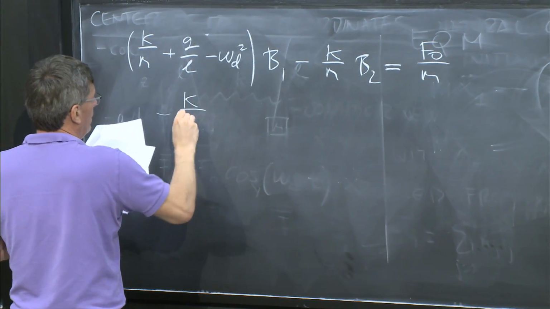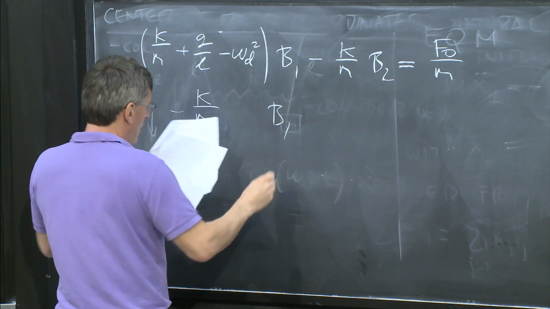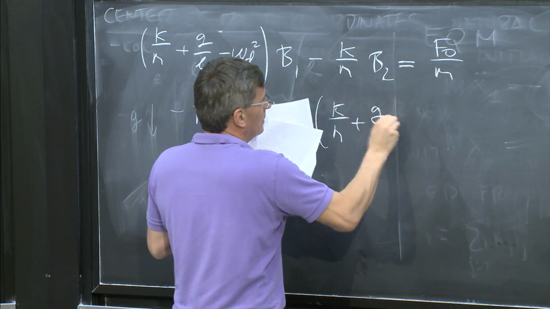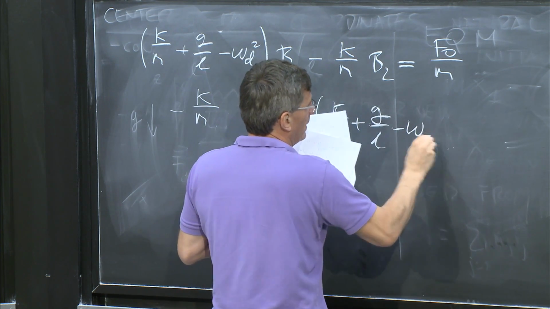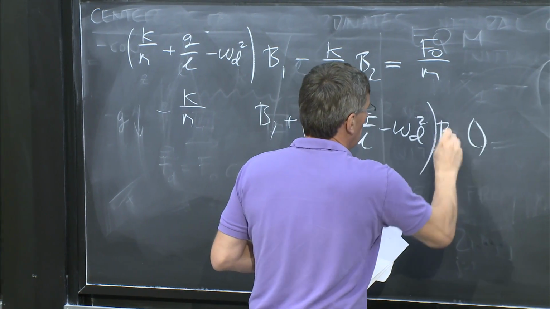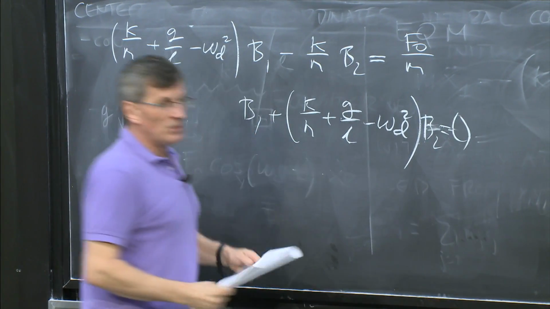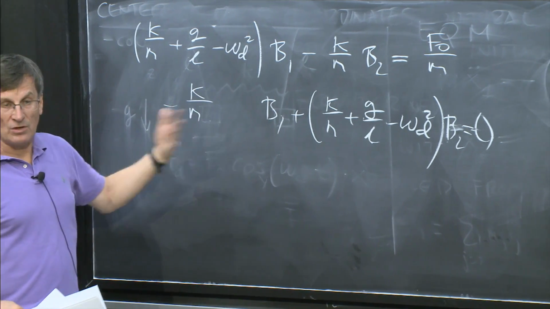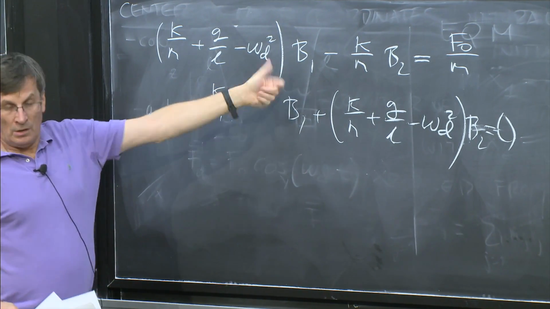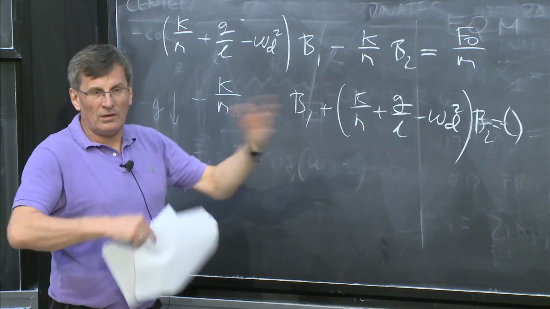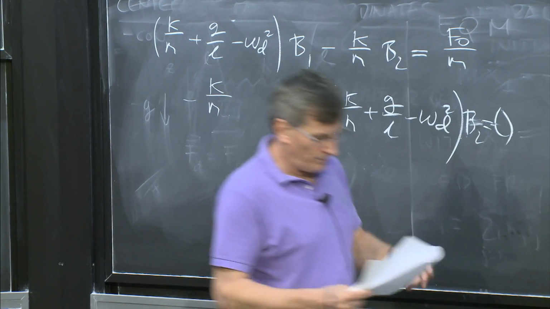Minus k over m B1 plus k over m plus g over L minus omega d squared times B2 is equal to 0. So you see 2 equations with 2 unknowns, couple of coefficients, all fixed. You can eliminate variables. You can calculate B2 from here, plug into there. You can work it out if you want to.